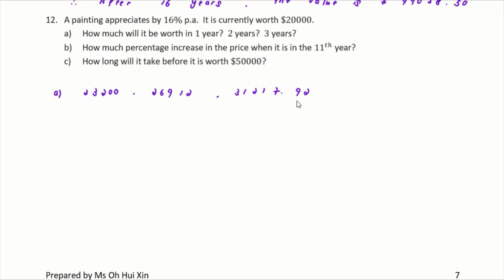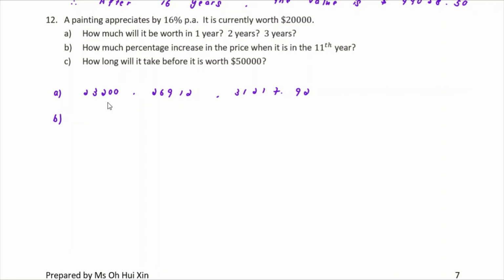So that's the idea. Now when we go for B, how much is the increase in price in the 11th year? In this case, depending on you, you need to decide whether you want to treat this as your T1 or that as your T1. At the end you still get the same answer, but the number of terms you use is different.